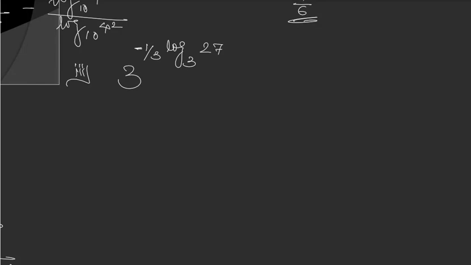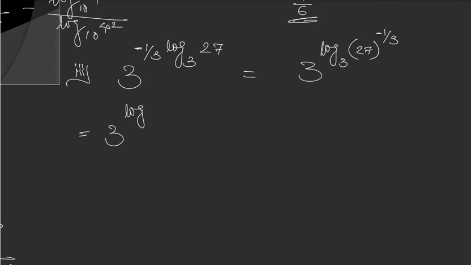First, write it as 3 raised to log of 27 raised to minus 1 by 3 to the base 3. Then 3 raised to log of 27 raised to minus 1 by 3.